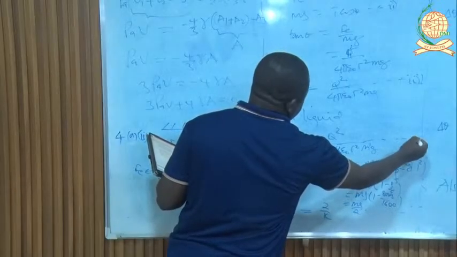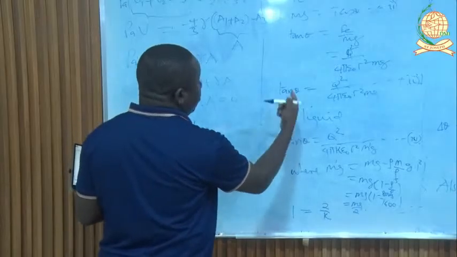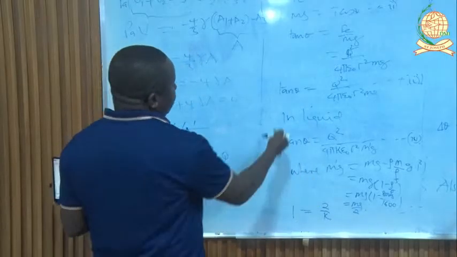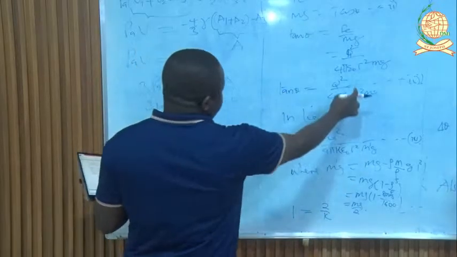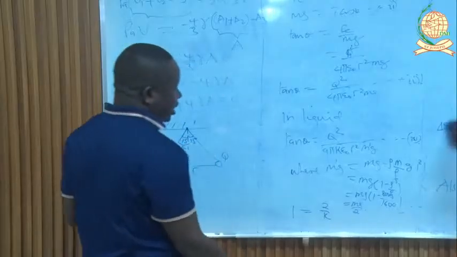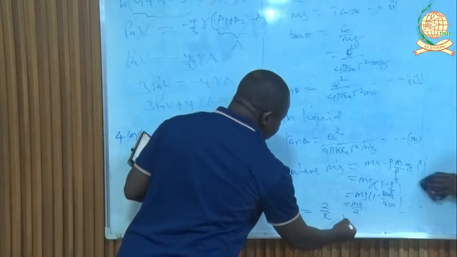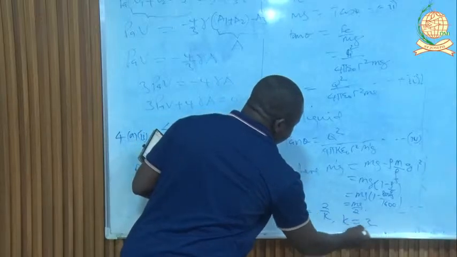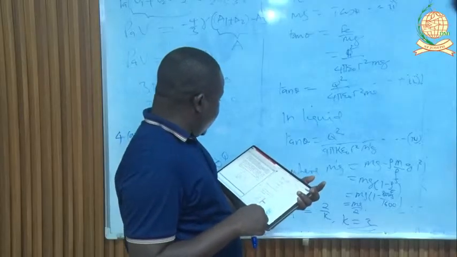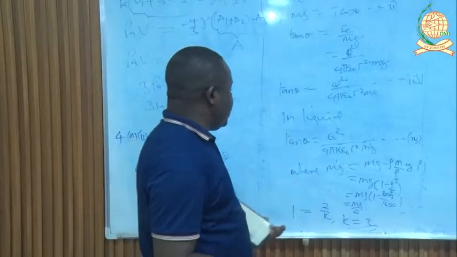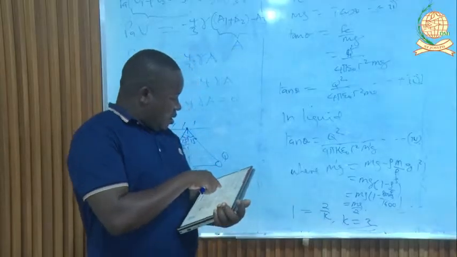If you divide the two equations, the tan and the tan give you 1, and on the other side you get 2 over k. So simply you can conclude from here that k is equal to 2. So the dielectric constant of the liquid equals 2. We move to the next part.